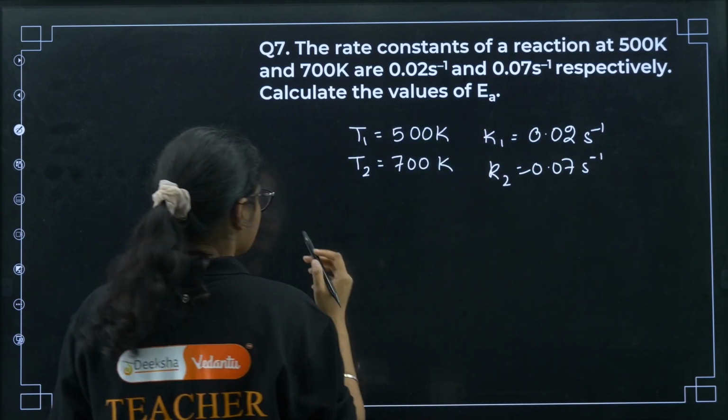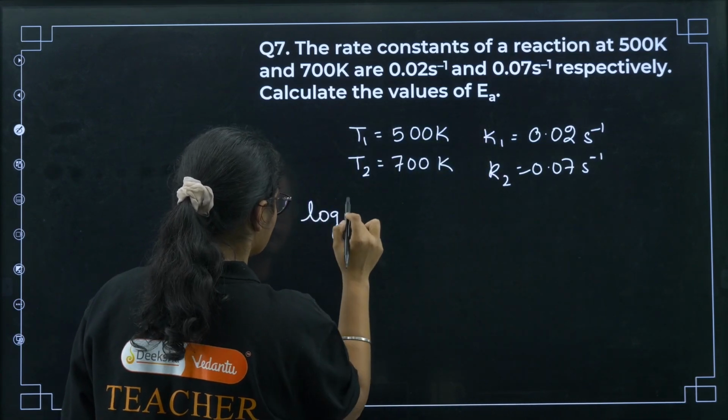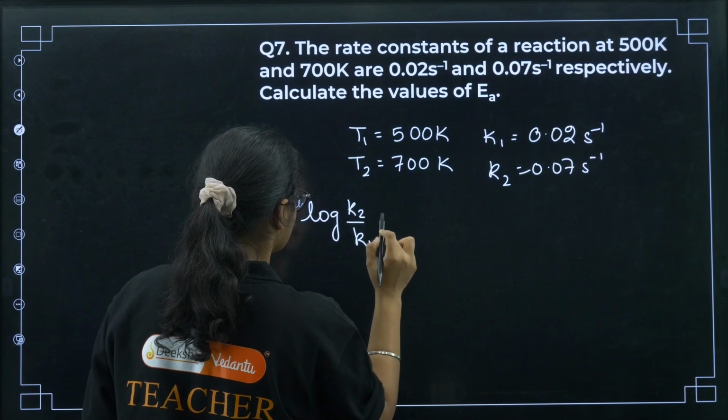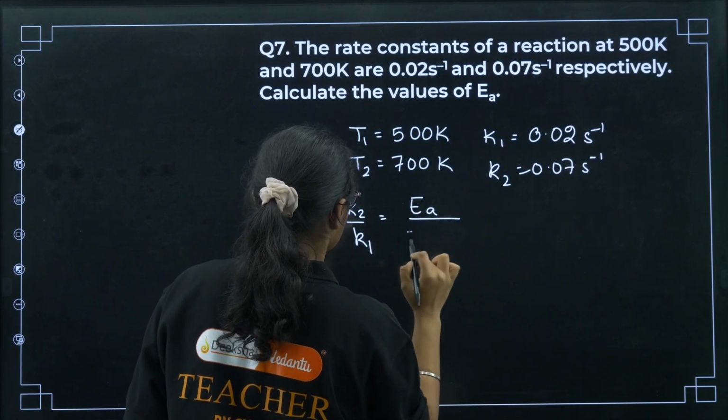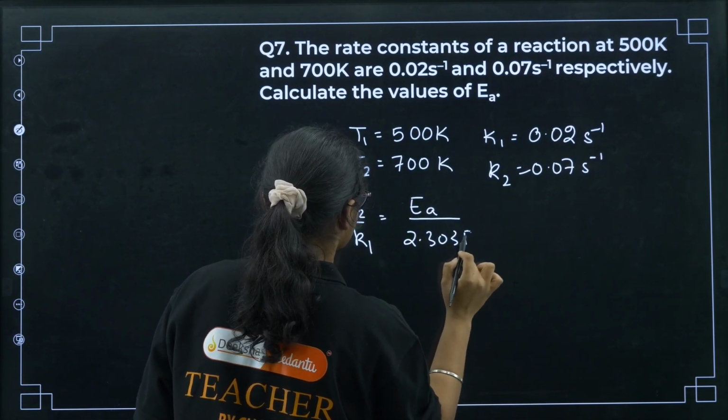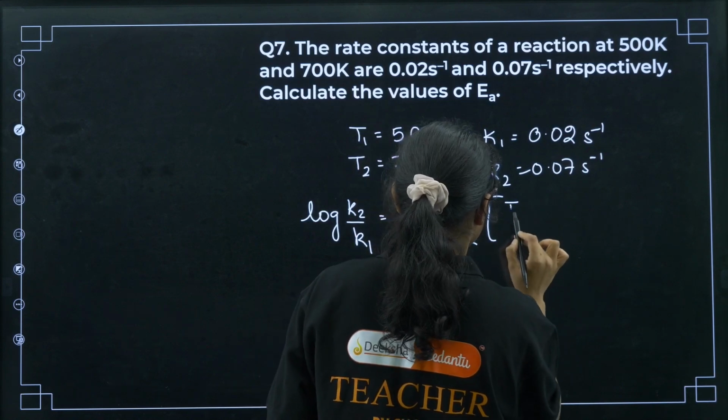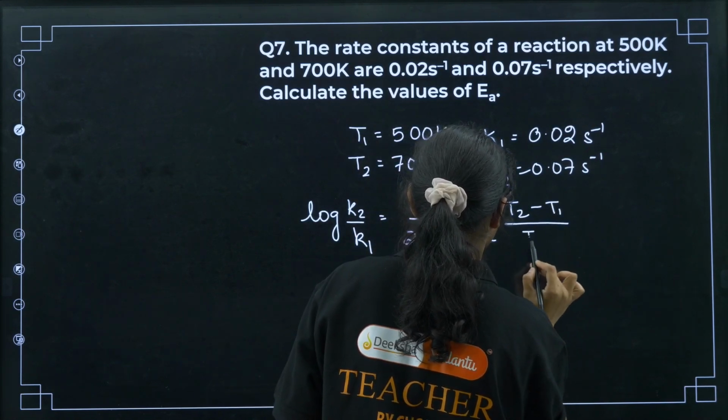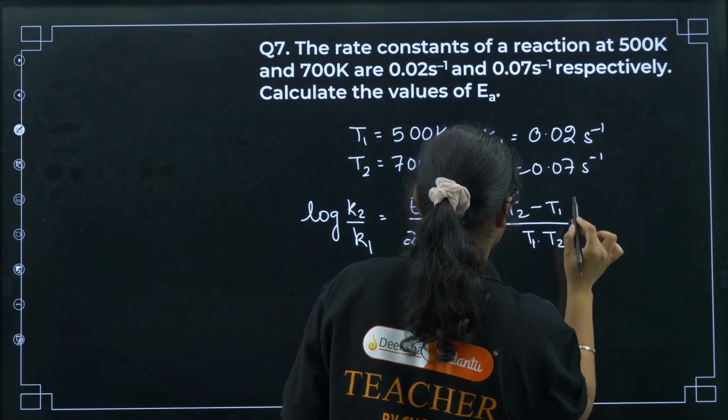Now we have this formula: log K2 by K1 is equal to EA by 2.303 R, into T2 minus T1 by T1 into T2.